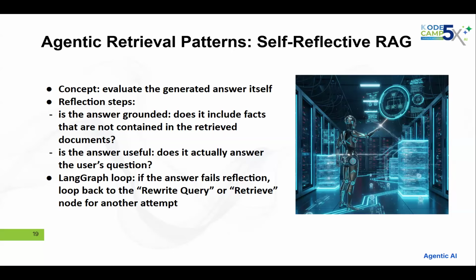But if the answer fails this reflection, then the agent either loops back to the nodes to rewrite the query, such that it can use the transformed query to search again for information, or it tries to use that same query to perform another retrieval, maybe from some other source or whatever.